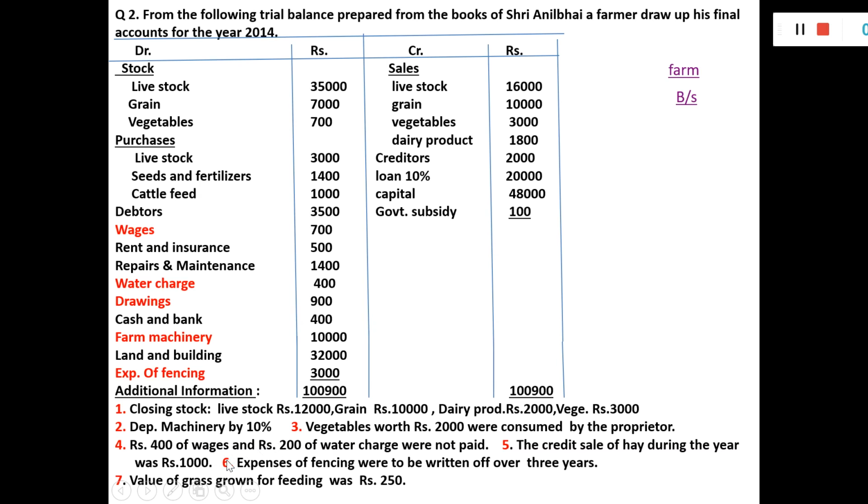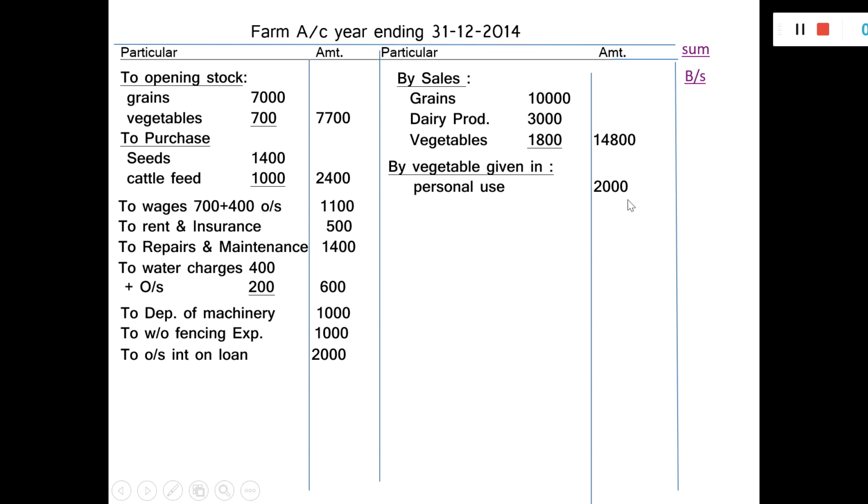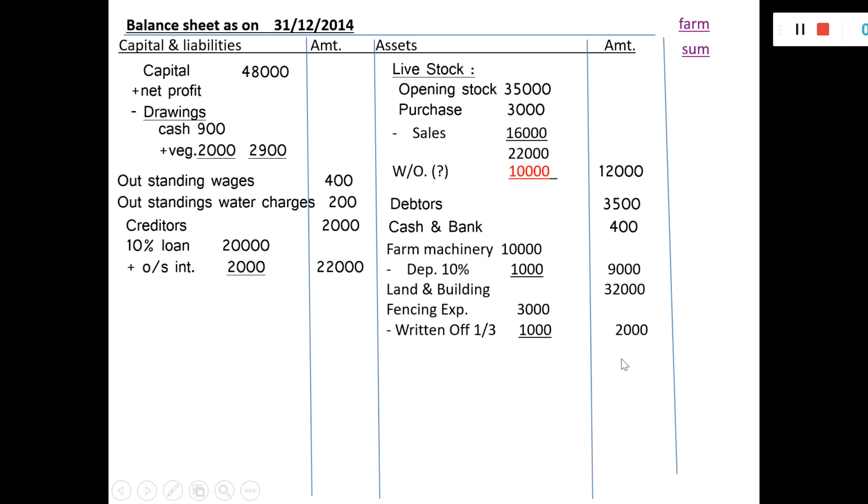So it is written as income, credit side of the farm accounts, rupees 1000. Second effect also will be given in the asset side of the balance sheet. Credit sale of hay 1000 rupees. Go to the sum again.